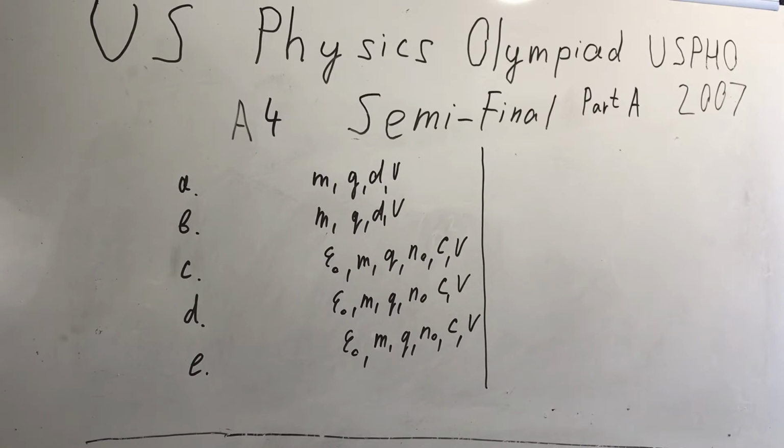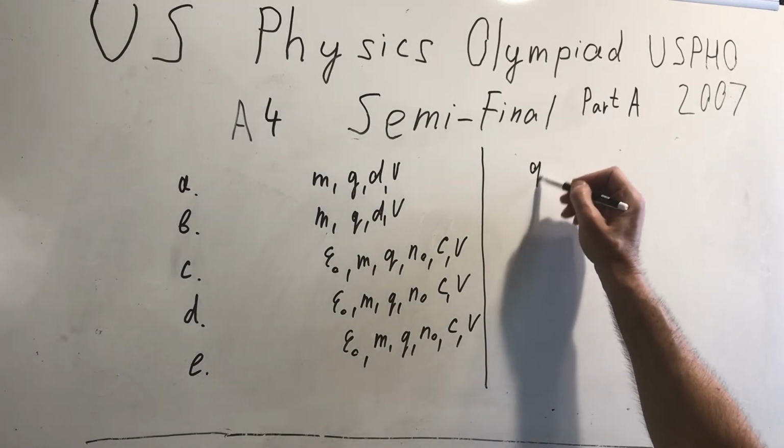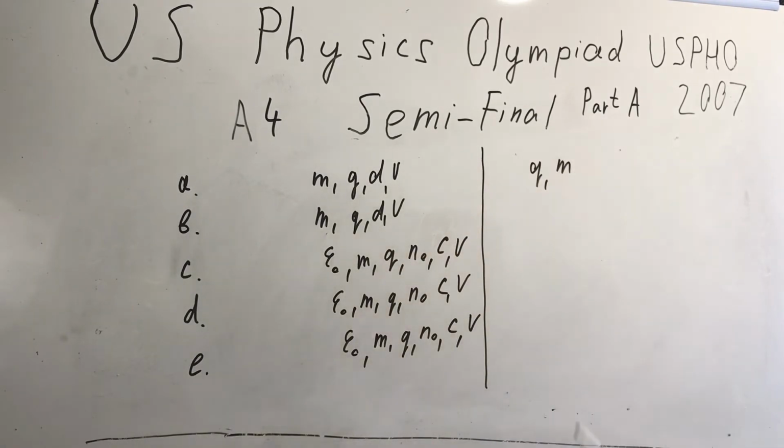Question A. Determine the time it takes for one ball to travel between the plates in terms of any of the following parameters. So first of all, we have charge q with mass m, which is in an electric field.